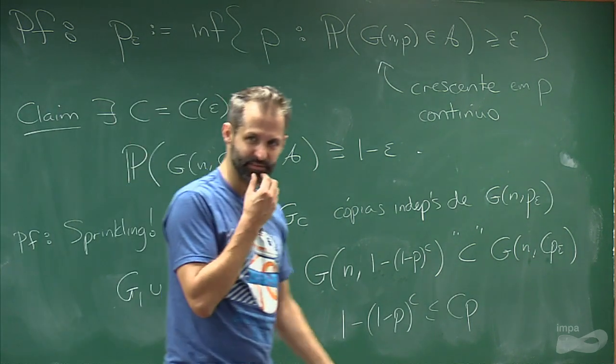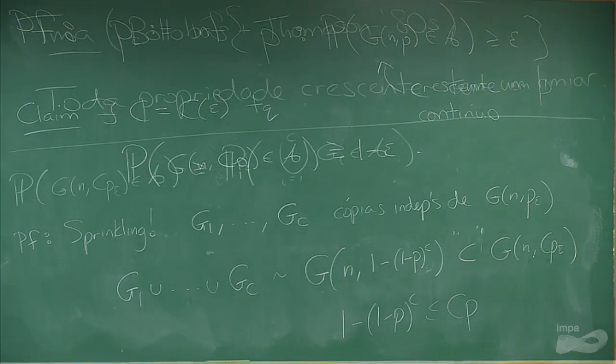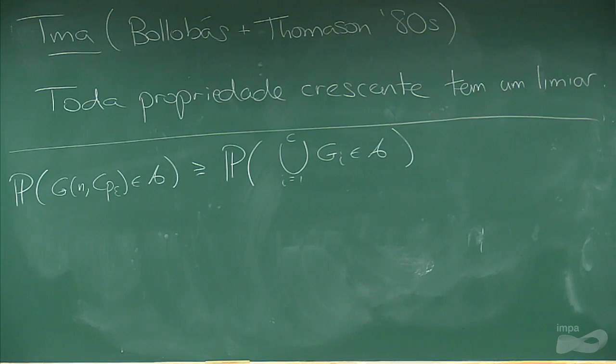Why is that? I'm sorry, is that bound correct? Because if you pick p close to 0, then when p is very close to 0, multiply this thing out, the 1's cancel.